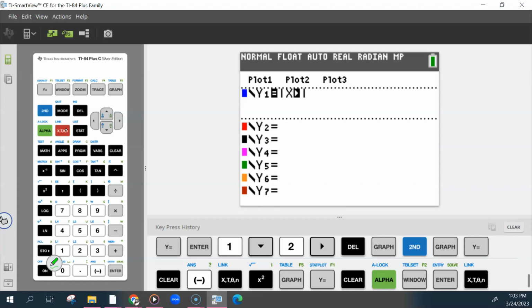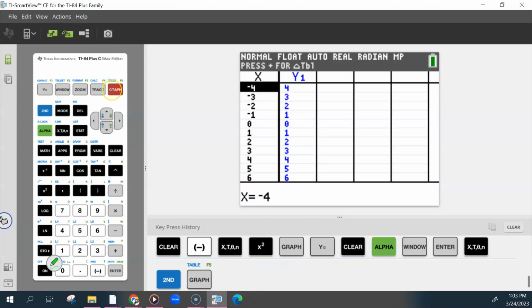And then I'm going to look at the table to find values. What's nice about the absolute value is it works just like the quadratic. Find values that repeat and find the middle. So 0, 0 would be our middle.